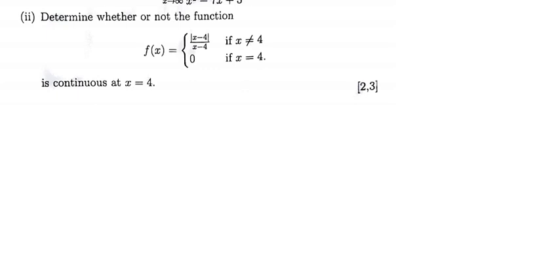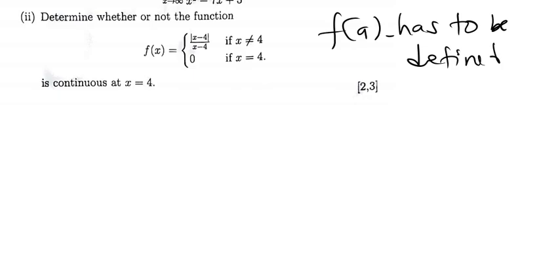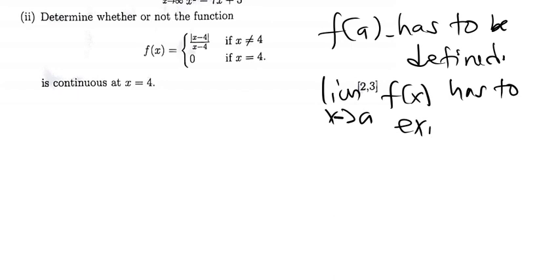To know whether or not the function is continuous at a certain point, these steps have to be followed. One, f of a has to be defined. Two, the limit as x is approaching a of f of x has to exist. Now this point has got two subpoints.